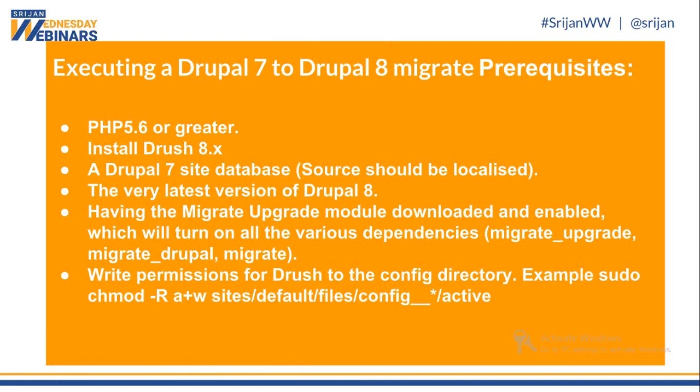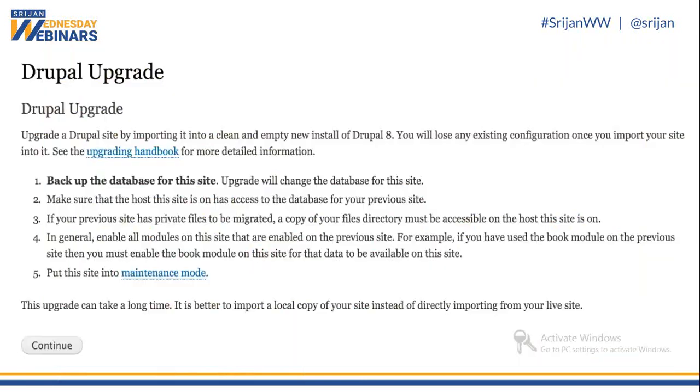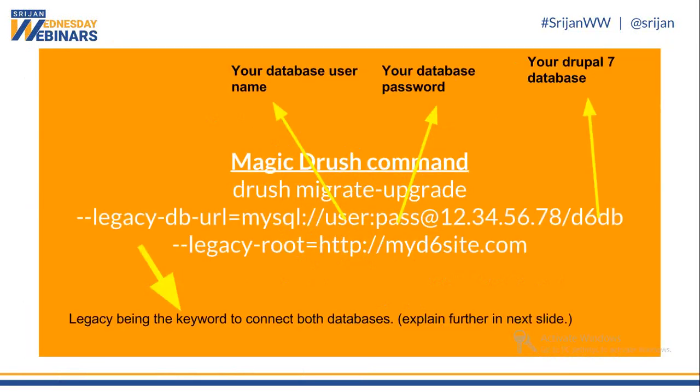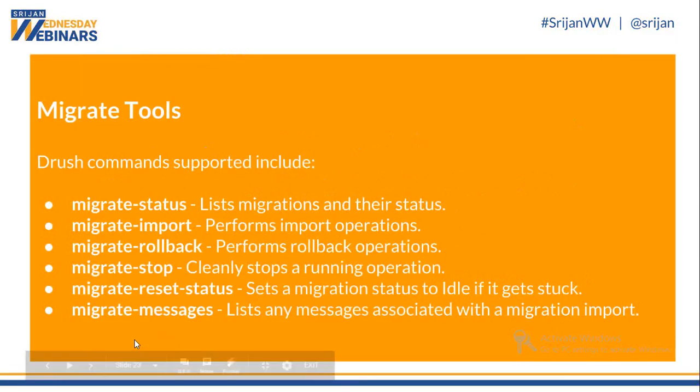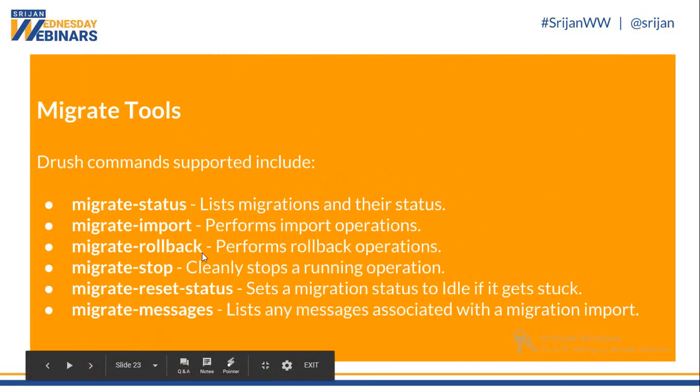And while you do that, the next question that I have is: what if I run some migration and it has failed? Is it possible to get back or revoke from that state and go back to the previous state? Yes, definitely. There is one command, drush migrate rollback.